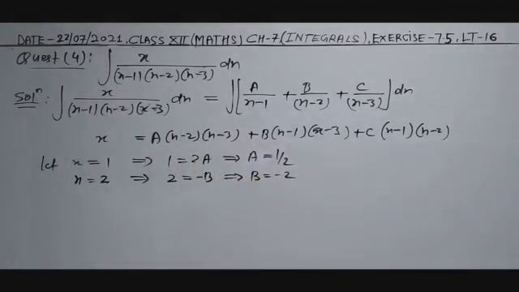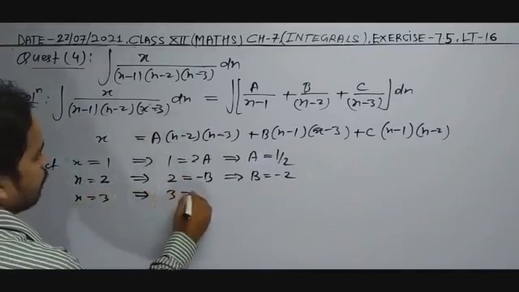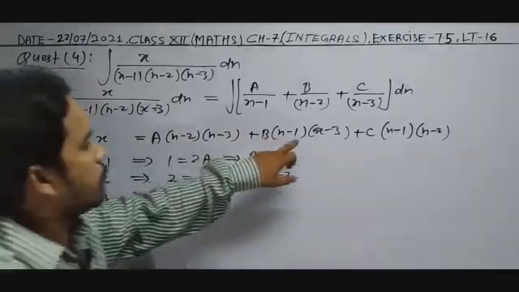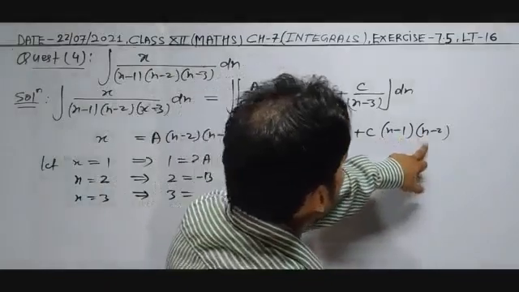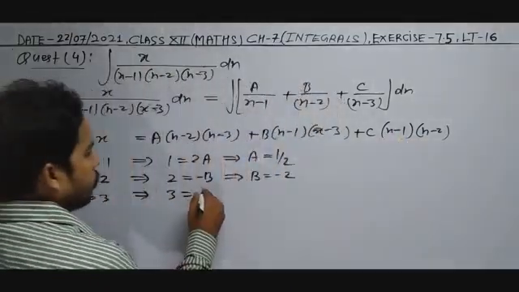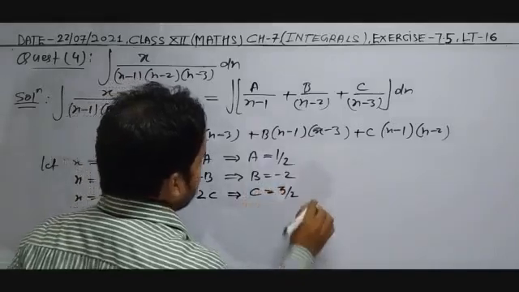Now let x is equal to 3. Then 3 will be equal to, this term will be 0, this term will be 0, at x is equal to 3, 3 minus 1 is 2, and this is 1, 2 ones are 2. So 2c. So the result will be c is equal to 3 by 2.